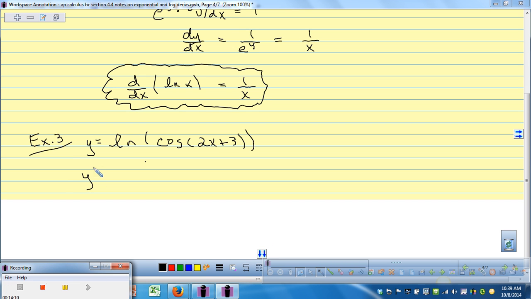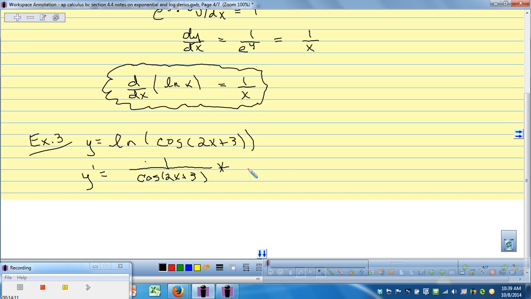So we are looking for y prime. And we clearly have chain rule, correct? The outside function is natural log, so we begin with what? 1 over that whole thing, cosine of 2x plus 3, times?